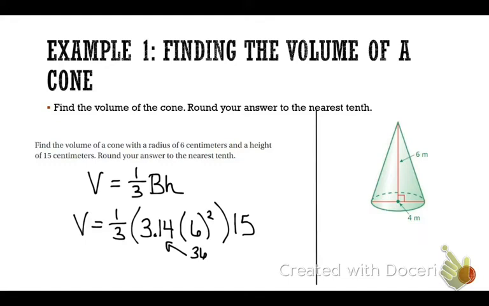What's 36 times 3.14? Okay. Get that number, and then I want you to multiply it by 15. So 36 times 3.14 times 15. All right, and what do you get?